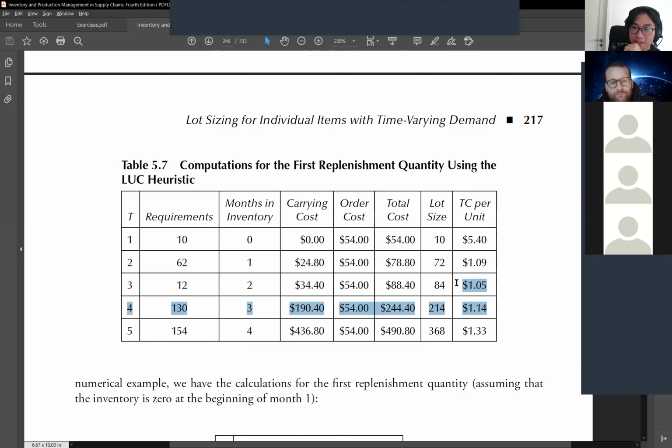When it's increasing for the first time, you select the one that is lower, which is the local minimum. And here the number is 3, so you supply the demand of the first 3 months. And then the idea is the same: you start from the 4th month and do the whole process again.